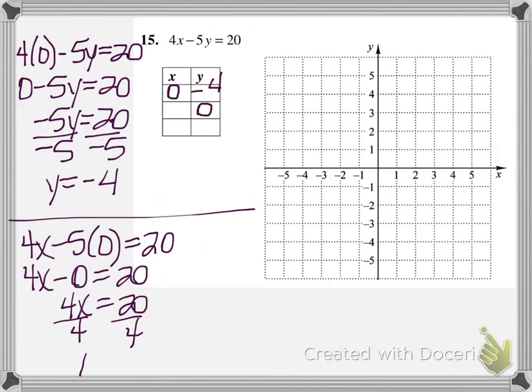So x equals 5. So now I have 2 points, (0, negative 4) and (5, 0). And now I can draw my line. Put my arrows on the end.